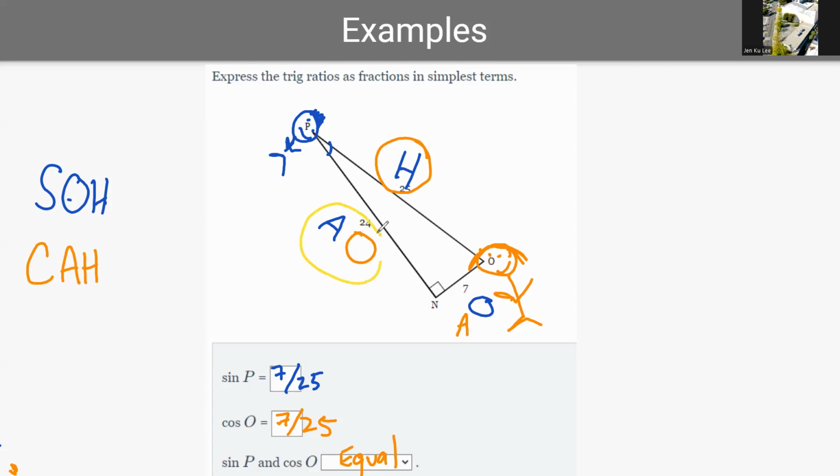These two sides here and here are always going to switch depending on where I'm looking at it from, right? Am I looking at it from angle P or am I looking at it from angle O? It's always going to change and my hypotenuse will always stay the same. So the sine of one angle is always going to be the cosine of the other angle. All right? Okay.